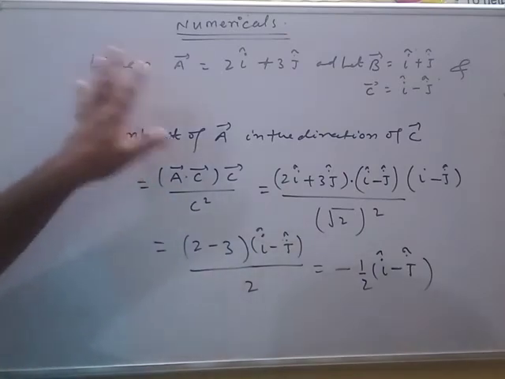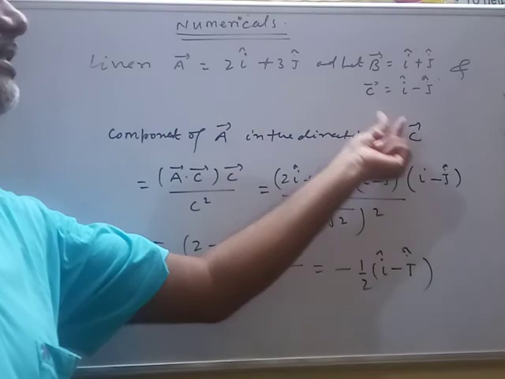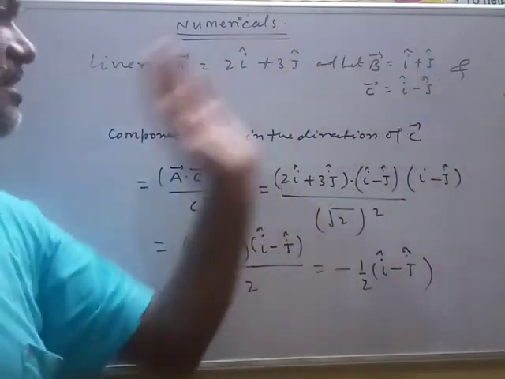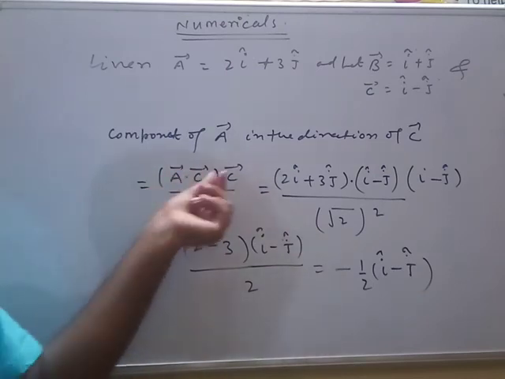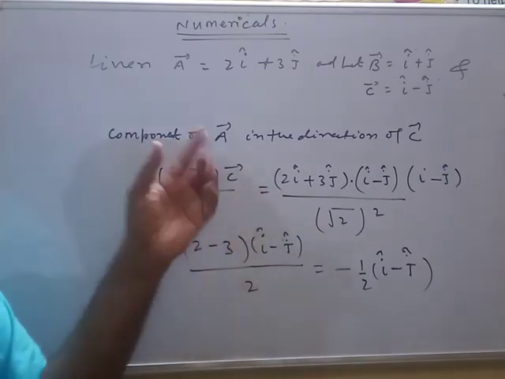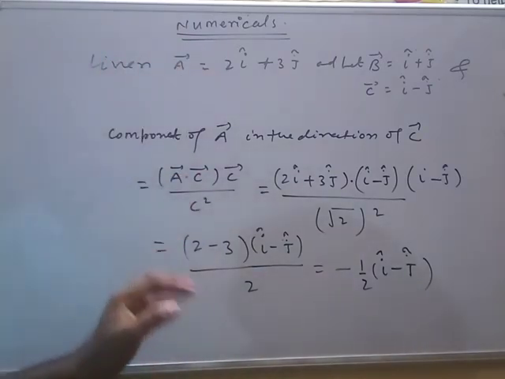If we calculate the component of vector A in the direction of vector C, that is in the direction of I minus j, then it may be written as A dot C, vector C upon C square, just as it was in the previous case.